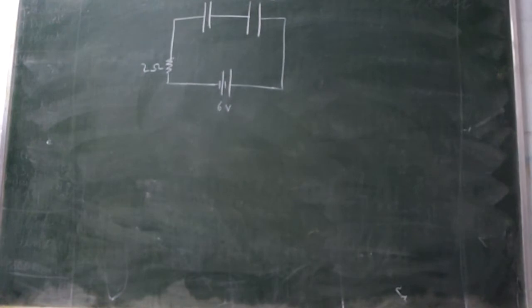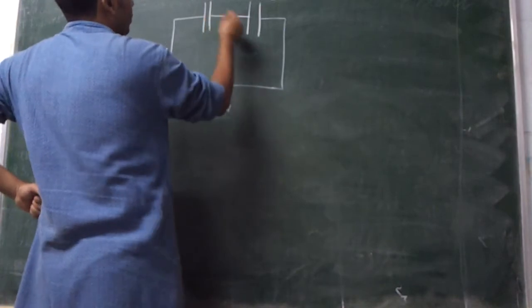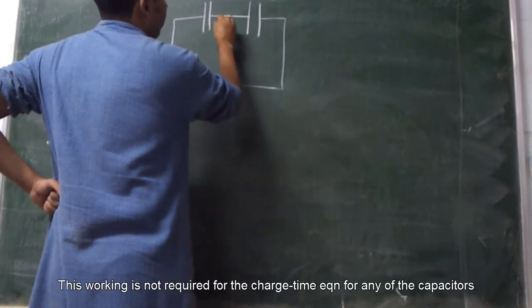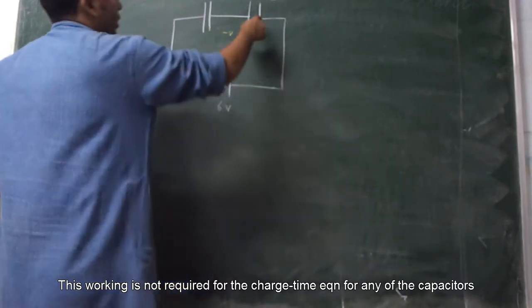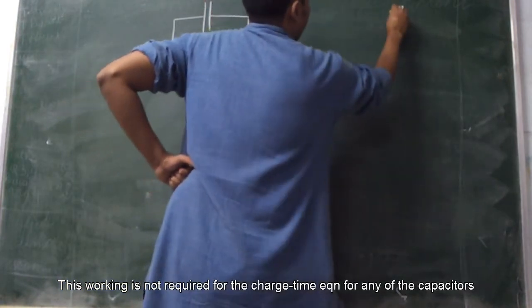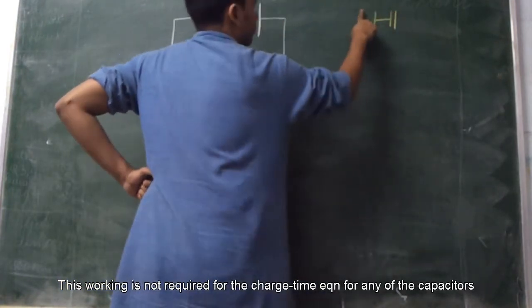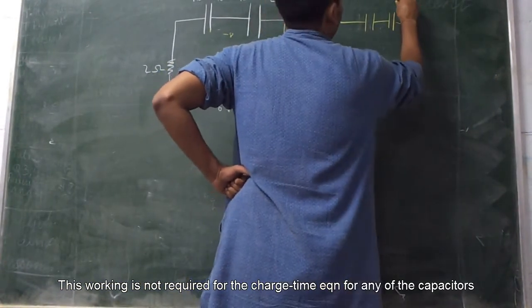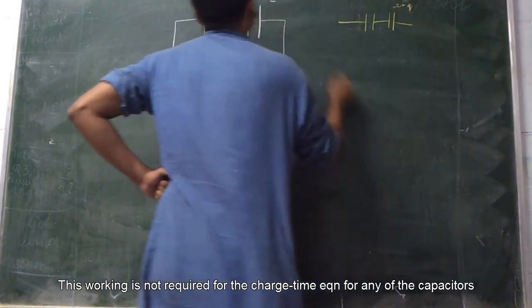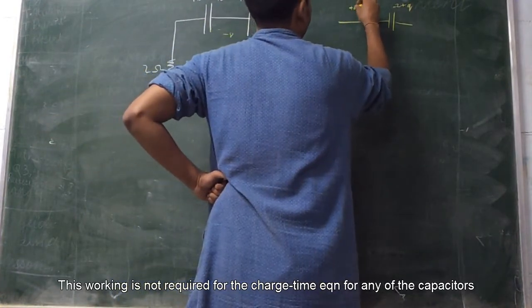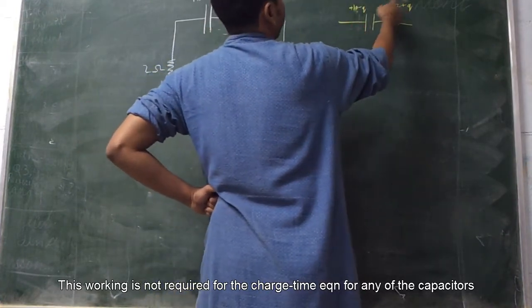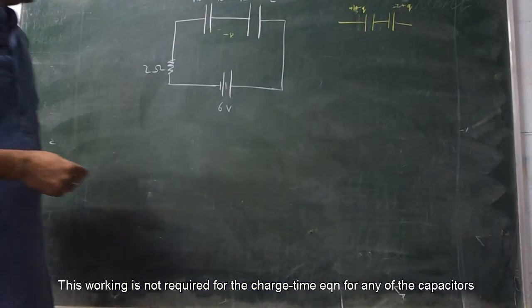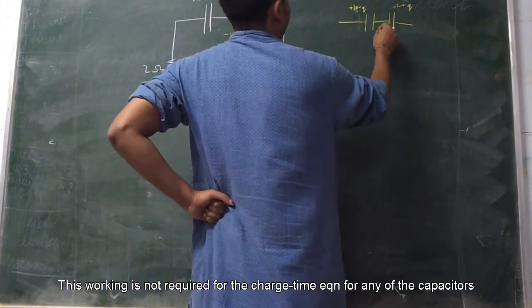Now the final charges we can find out directly also by saying that the trapped charge inside will always be minus 8. Some Q goes over from this side to that side, and this becomes minus 2 plus Q, and this side becomes 10 minus Q. The trapped charge remains minus 8.